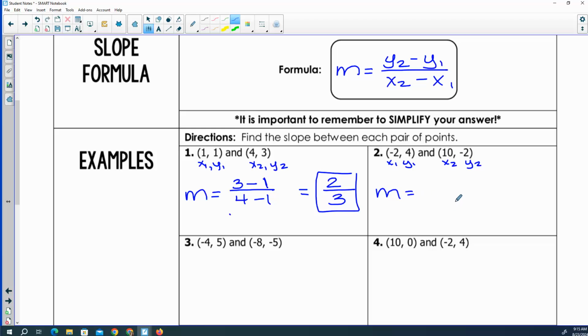So slope, y2, so y of the second is -2, minus y1, the y in the first is 4, over x2, x in the second was 10, minus x1, the x of the first was -2.